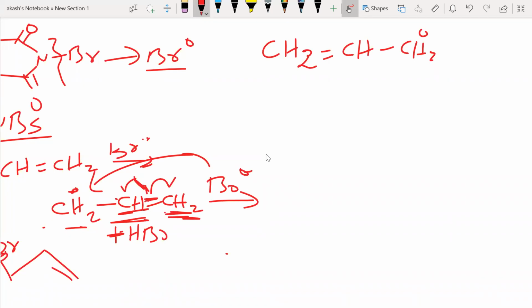So if this pi bond undergoes homolytic cleavage, I am going to form a radical here, and there's a radical here. Now they both will come together to make a bond here, and the radical is still left in this third carbon atom. So you can have the product happening in the first carbon atom or the second carbon atom. Now you see that it's symmetric, so you don't see much difference.